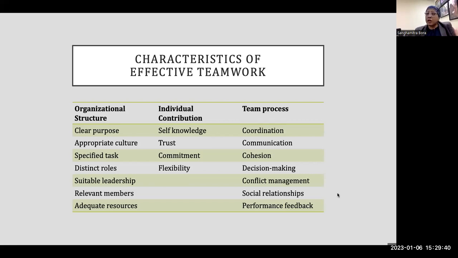Okay, you have to bond with your team members. You have to bond with people. You have to show an example of bonding to other people, so that they are also attracted to that bond. Okay, and then the importance of decision making, conflict management, social relationships, performance feedback. These are all team processes which need to be assessed from time to time.